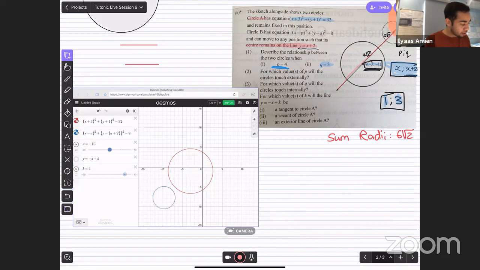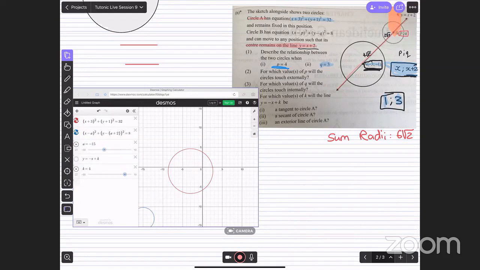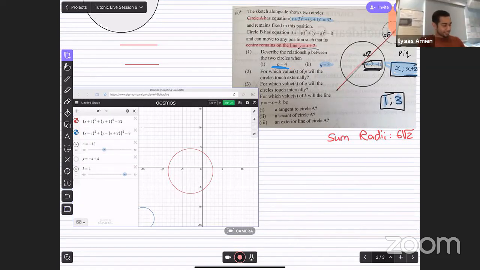But now, how are you going to set up an equation? R plus R is less than... No, D is less than R plus R. Oh, D is equal to R minus R. It's an equation, not an inequality.